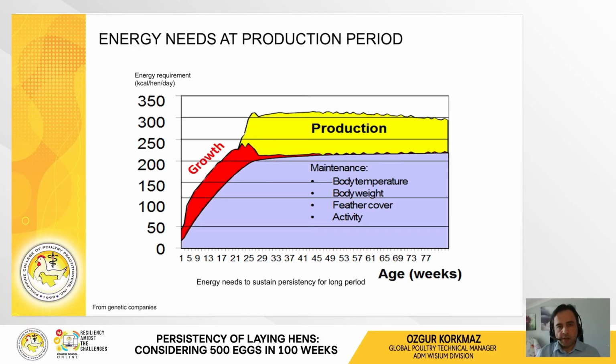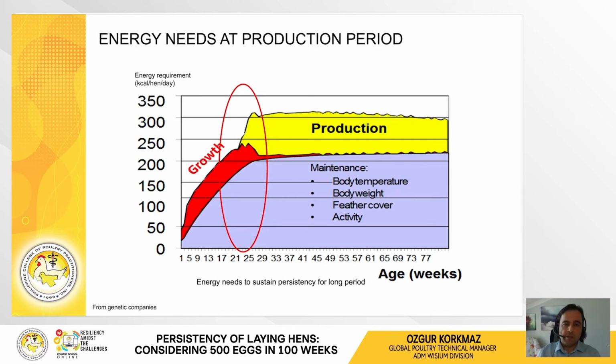After the pullet period, the production period starts. Energy needs should be managed very well, because you see the energy repartition in terms of maintenance, production and growth. We need to be careful, especially between 17 and 25 weeks of age, while they are reaching the peaking period.